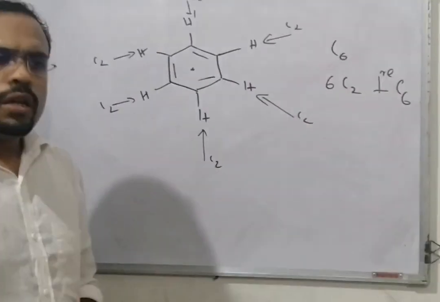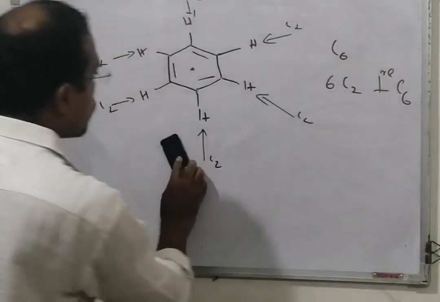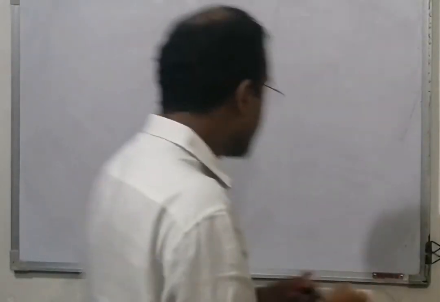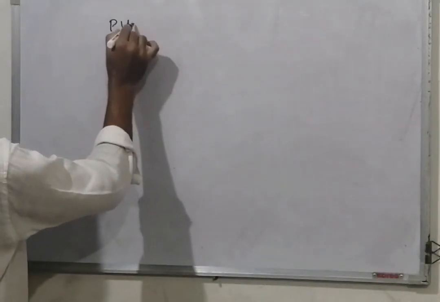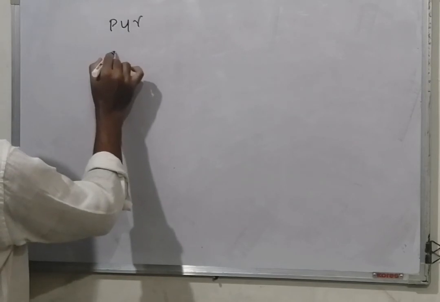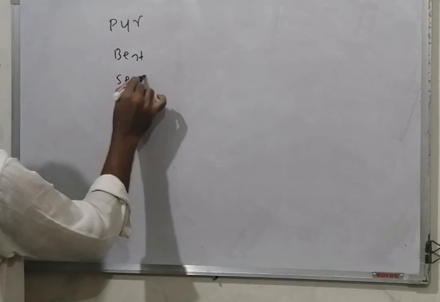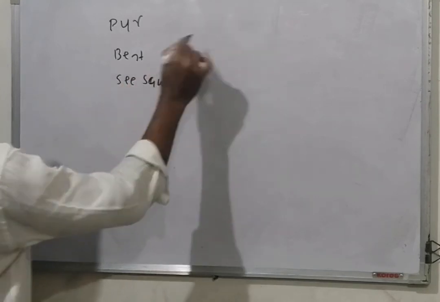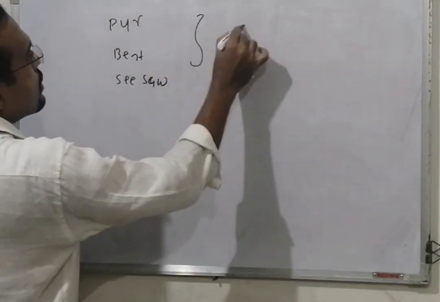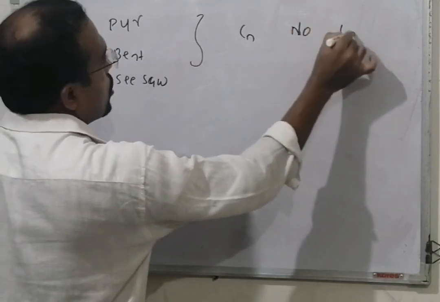Yes. Normally, this is my trick. I give you a simple trick. The trick is: molecules having pyramidal, bend, seesaw, etc. have Cn, no C2.